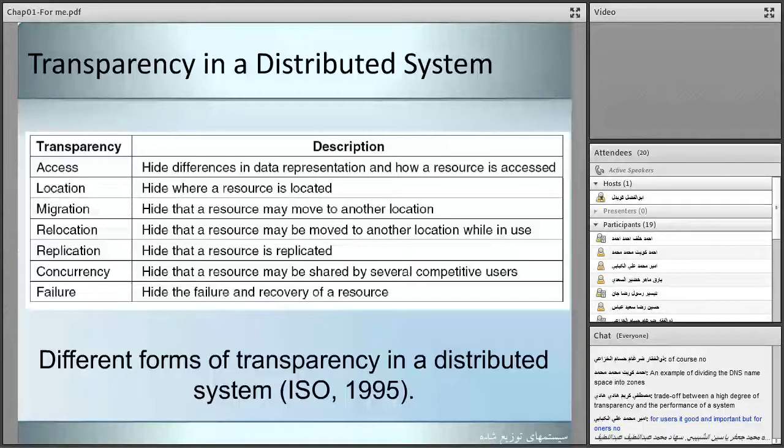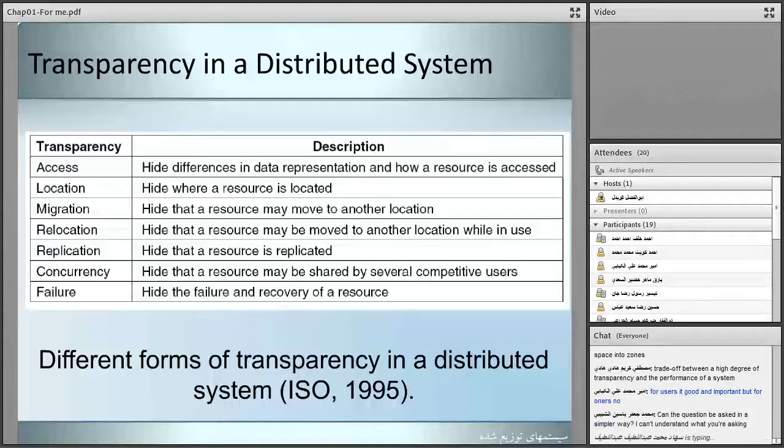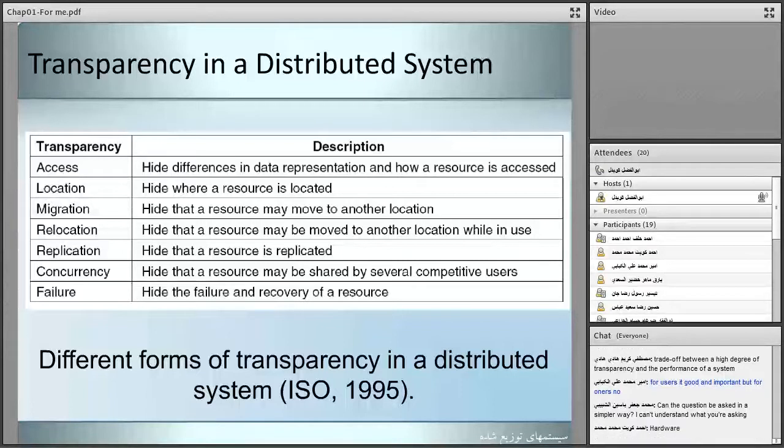Think about an example that location transparency is not a good idea. Okay, Mr. Muhammad, we talked about different forms of transparency in distributed systems, okay? And we said that we need to provide these forms of transparency so we can have distributed transparency.